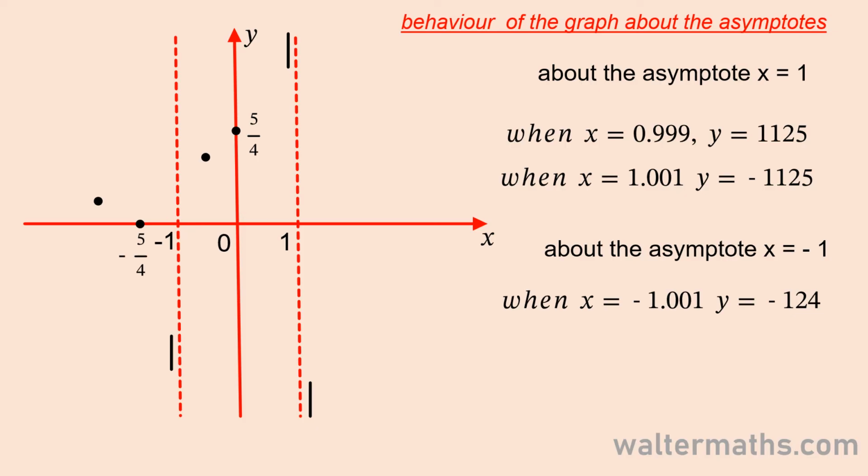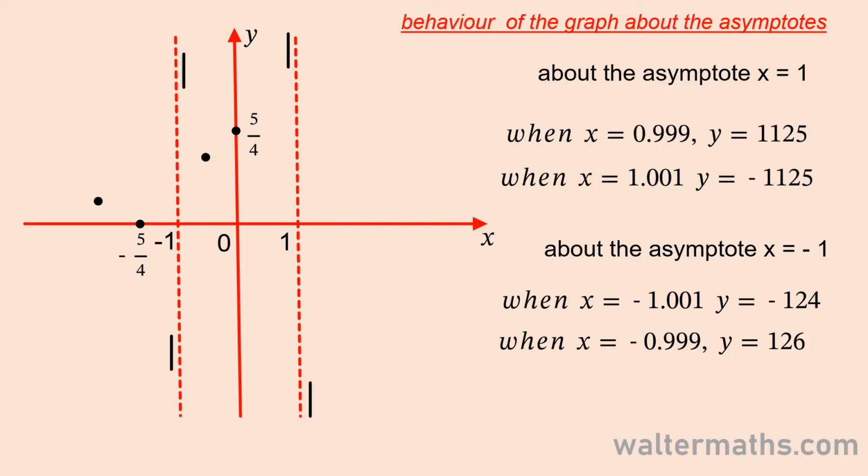I'll take another value that is slightly greater than minus 1. Say here I'll take the value of x being minus 0.999. And for this value, if I substitute it into the equation, I get y coming out as 125.6. So it should be coming from somewhere at the top here.